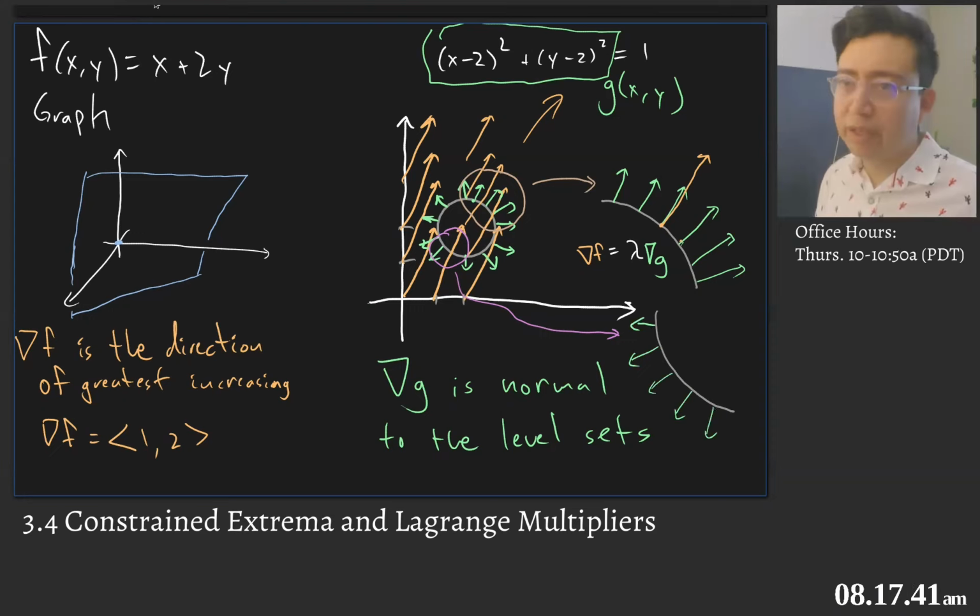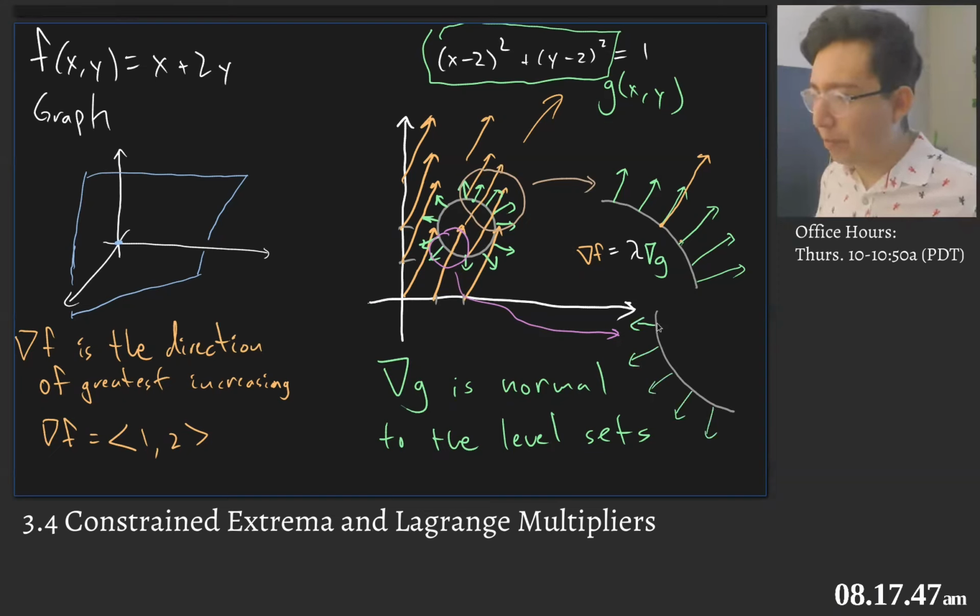Okay. And now this orange arrow, which is moving up and to the right, right? Over here, these are at a weird angle. Over here, these are at a weird angle in the other direction.